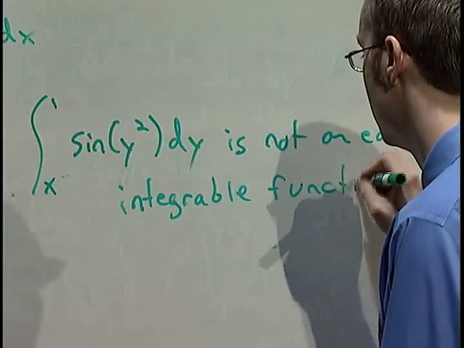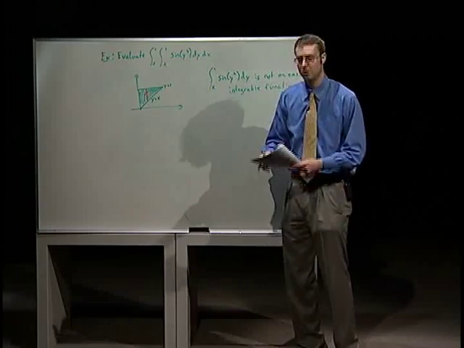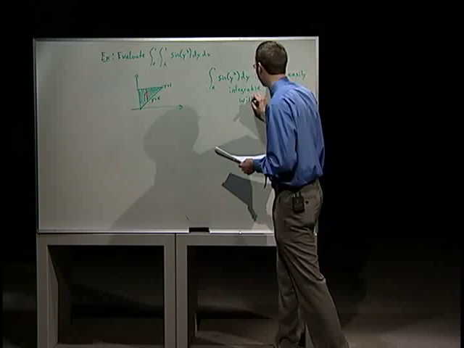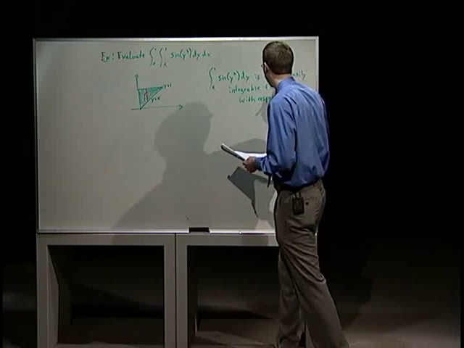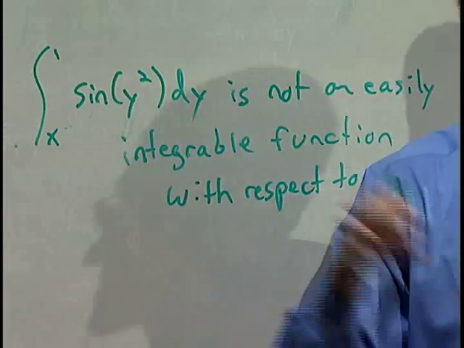And so, what are you going to do about it? Nothing. You're not going to figure it out, right? So we're sort of jammed going this way. I should say integrating the function with respect to y. Now, if it was with respect to x, this whole thing is just a constant, so that's really nice there.